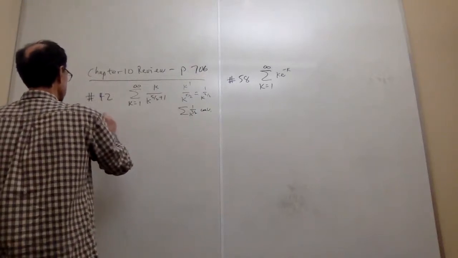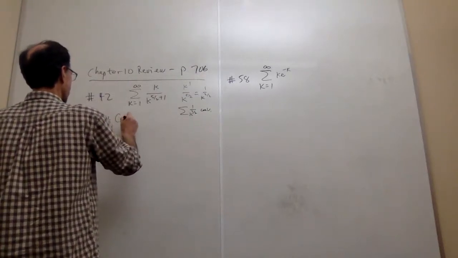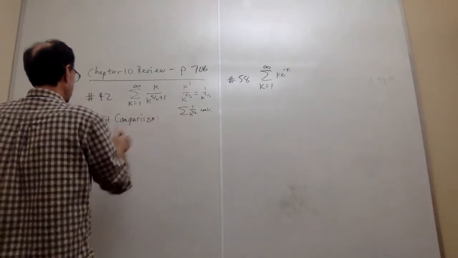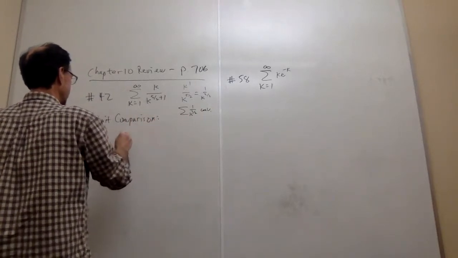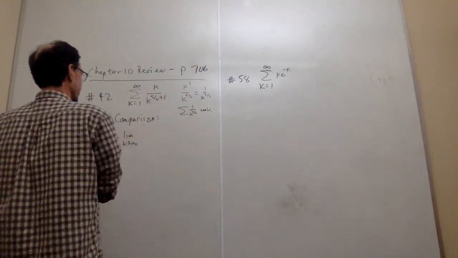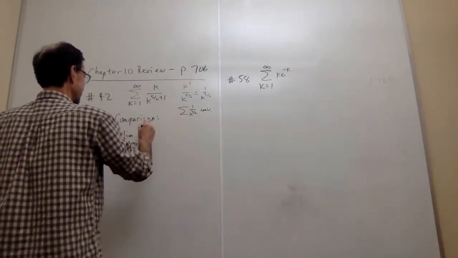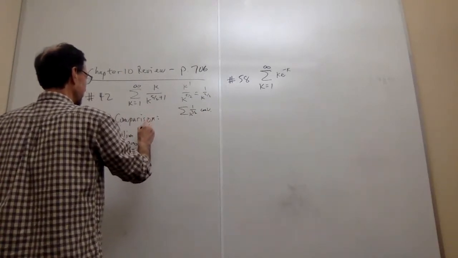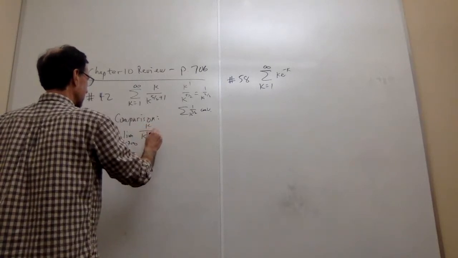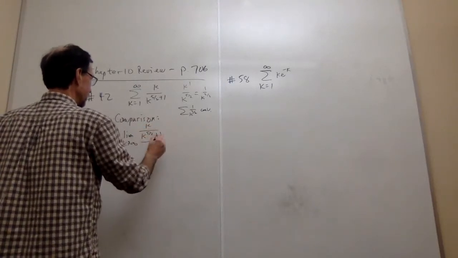So, limit comparison. We're going to calculate L, the limit as k goes to infinity. The unknown series, we always put it on top, the formula for it. And the known one we put on the bottom.